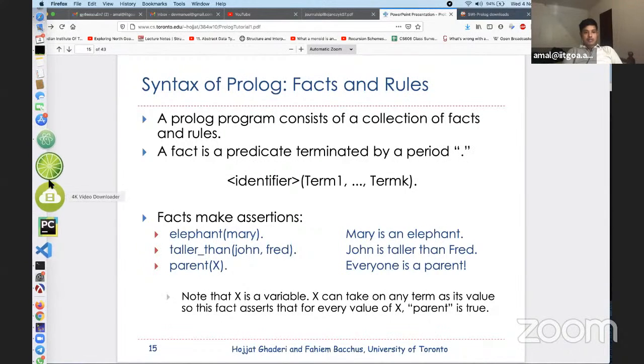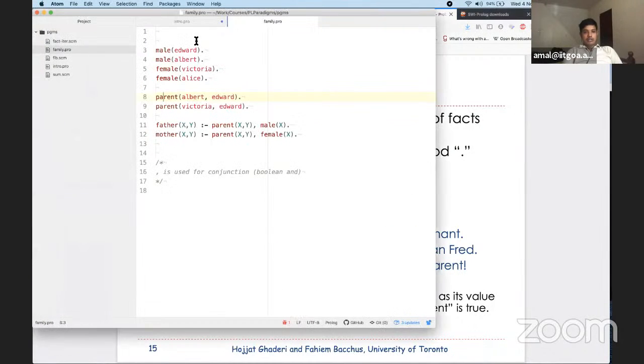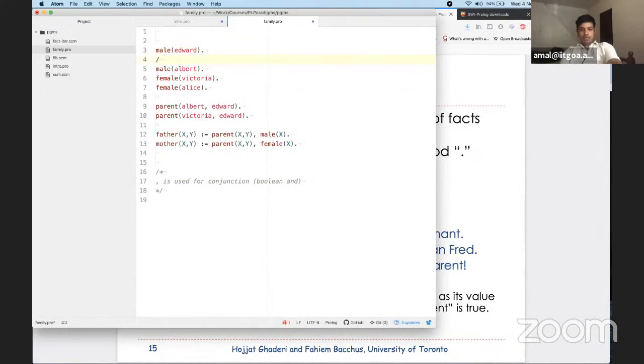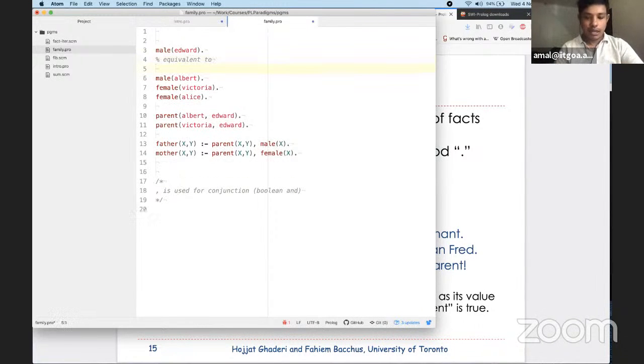So in our case, this is a fact. It's a relation which is followed by a dot. This is equivalent to mail Edward if nothing.